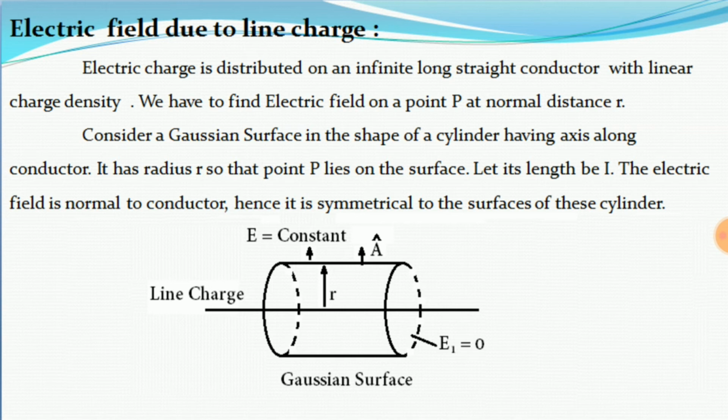Let its length be L. The electric field is normal to the conductor, hence it is symmetrical to the surface of the cylinder. Here we have an infinite straight long conductor, and we have to calculate the electric field at any point P. So we are considering a Gaussian surface which is passing through that point P, and we have to calculate the electric field due to the charge distribution.